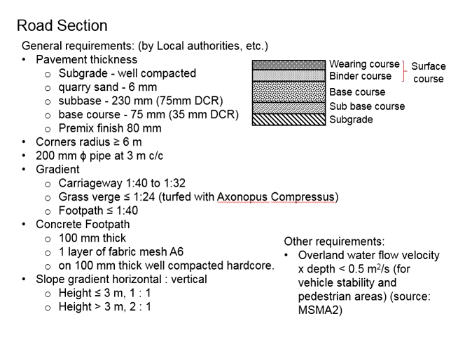For example, the subgrade needs to be well compacted, 6 mm quarry sand in between the subgrade and the subbase course, 230 mm subbase, 75 mm for the base course, and at least 80 mm for the premix finish.